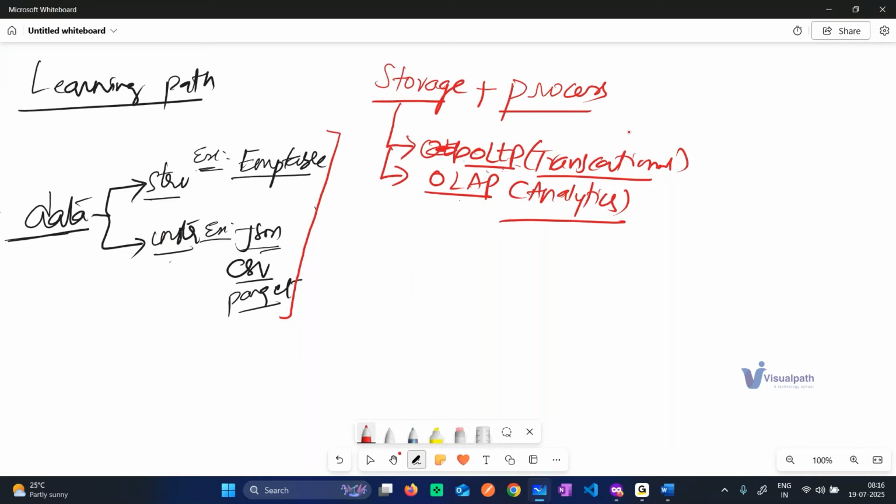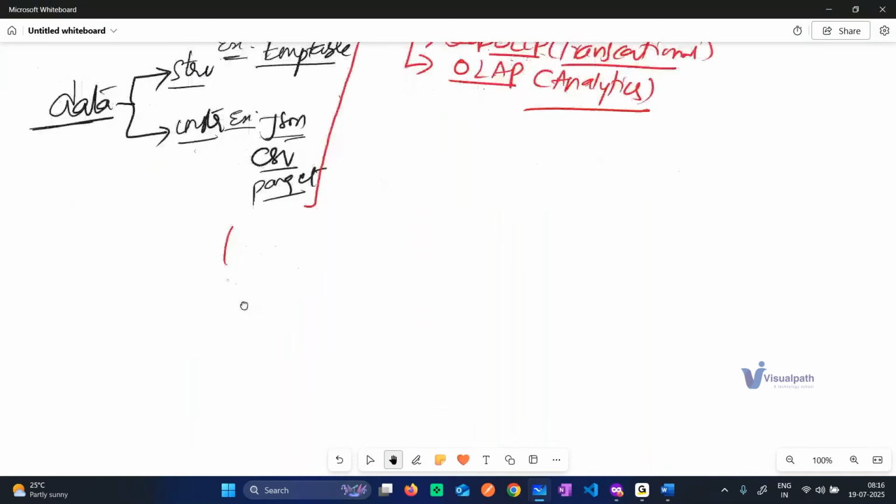Participants, why is it important for us to understand this logic? This logic is essential. Why? Because I'll come back to this: what is OLTP and OLAP?